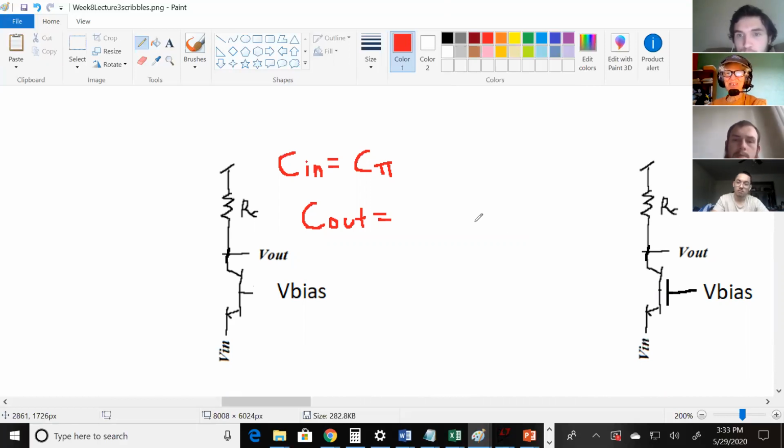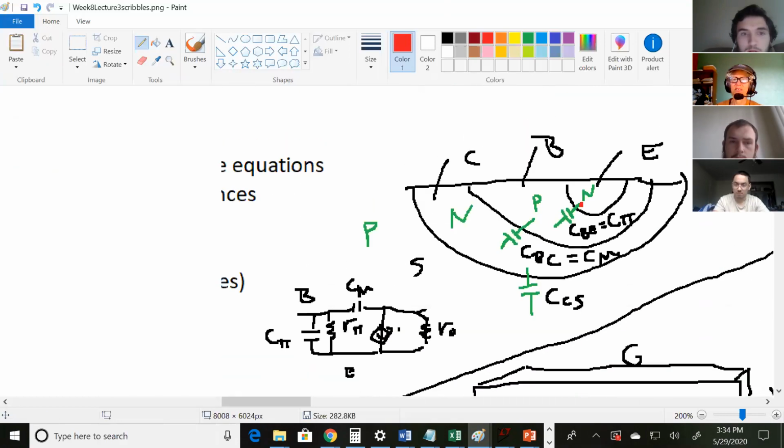Okay. So what about C out for the BJT? I know these drawings are pretty bad, but my pen wasn't working today, so I kind of got lazy. It kind of looks like a MOSFET, slightly decapitated MOSFET. Okay, so for C out, you have a BJT and you're on the collector. So up to the collector.